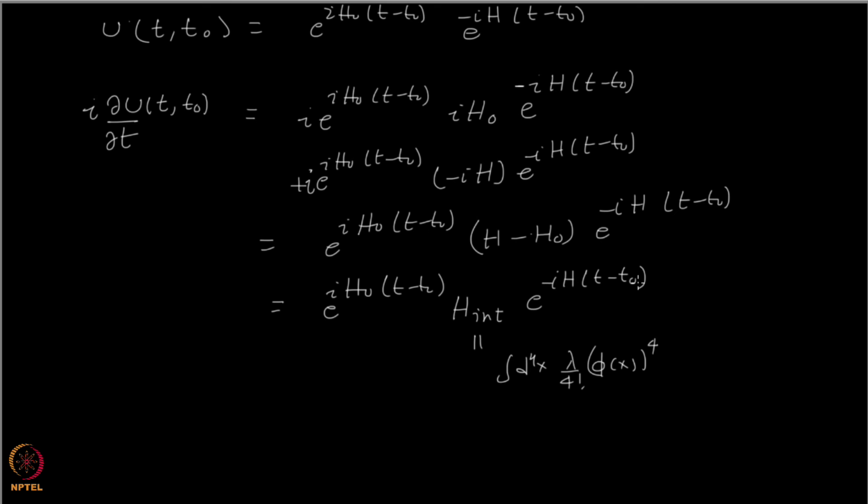Okay, so till now it does not look like much has happened, but now what I will do is, at this location I will insert e to the minus iH0(t - t0) times e to the iH0(t - t0).